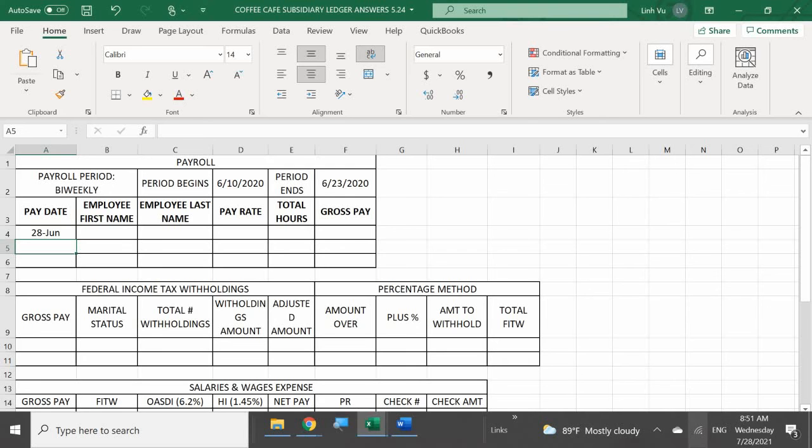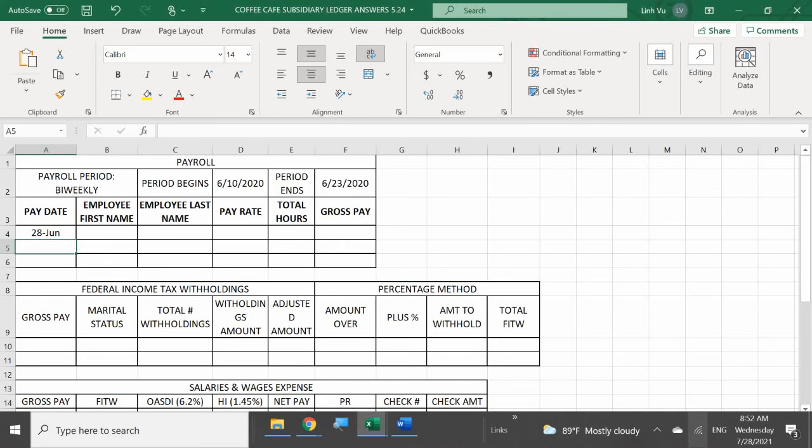She's going to start working on the 14th, so she can't claim the pay hours on the 14th. She started working that day. So the next pay date is going to be June 28th because the payroll period just started.